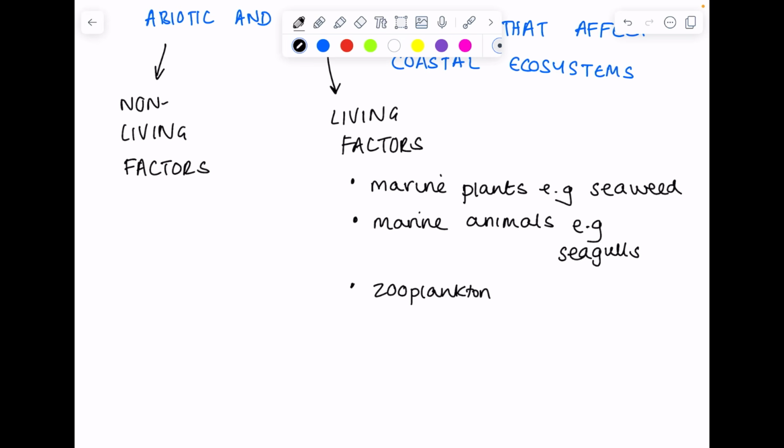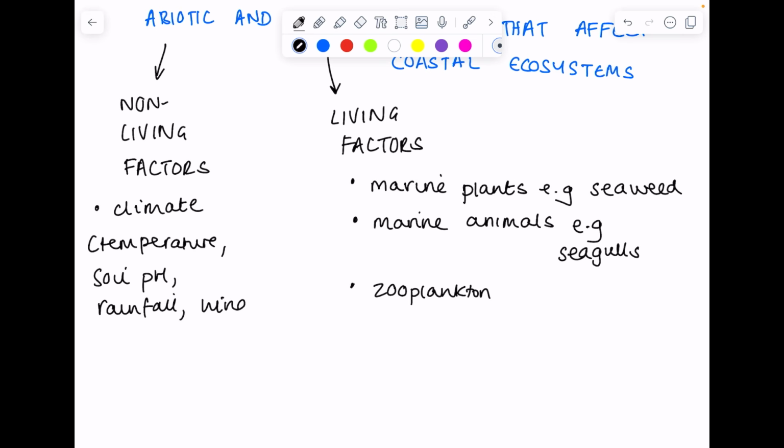Non-living factors include climate, and you can be really specific there. You can talk about temperature, soil pH, rainfall, wind levels.